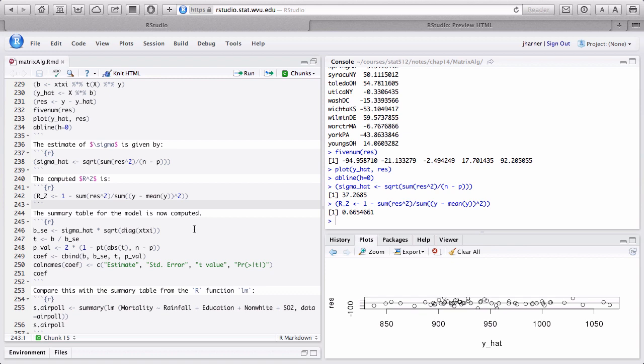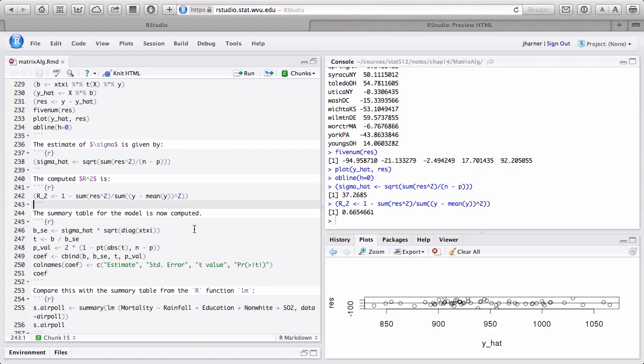Now in the book, how do I get the standard errors of the betas? The way you get the standard errors of beta is to multiply the sigma hat I got above, the S sub y dot x, as it's used in the book, times the square root of the diagonal of X transpose X inverse. Those were the P sub ii's in the book.